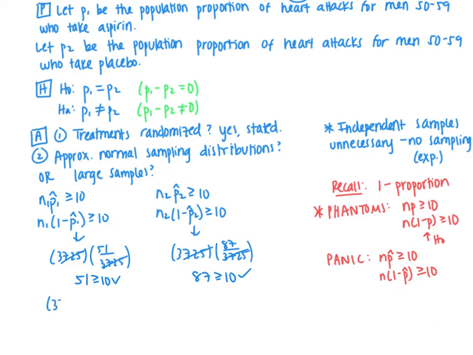So then I have to do 3,725 times 1 minus 51 over 3,725. And I will just tell you that ends up being 3,674. Over here, same thing.